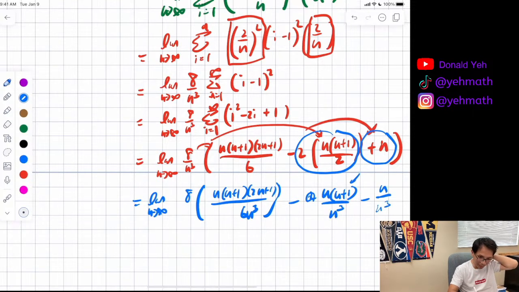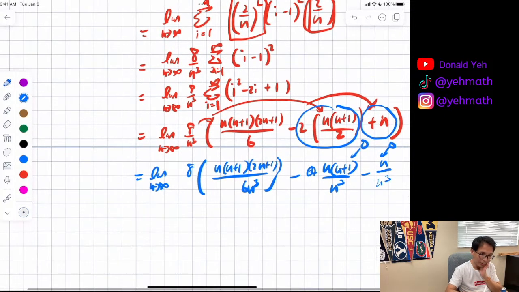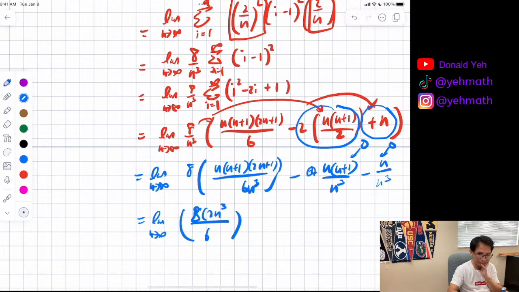What will happen to this term when n approaches infinity? It's just going to be 0. So it's still technically down to that first term, which is the limit as n goes to infinity of n times 2n squared over 6n cubed.